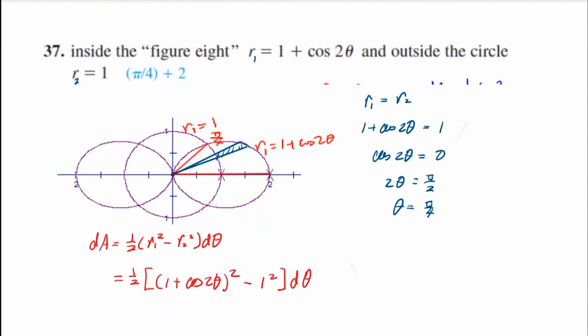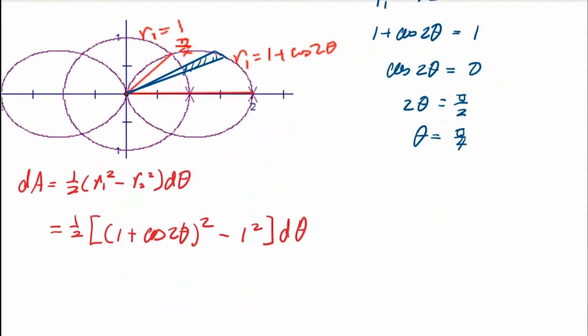With me? Let's square that out. So we have 1 plus 2 cosine 2 theta plus cosine squared 2 theta, minus 1. Good?